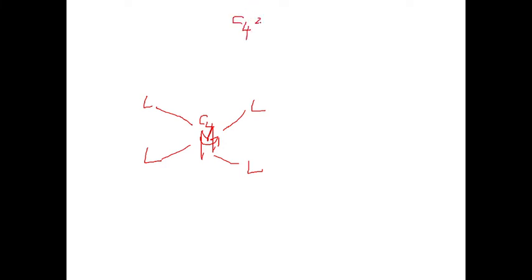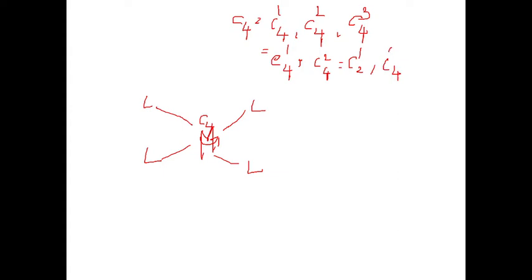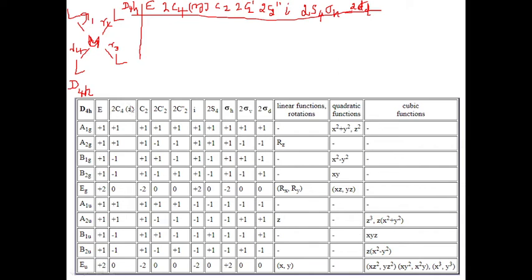C4 will generate C4^1, C4^2, C4^3, of which you will have C4^1, C4^2, which I am writing as equivalent to C2^1, and C4^3. So the C4 is actually generating 3 elements, of which we are representing 2 in the C4 axis and 1, that C2, is treated as a separate one, and so it is presented here.